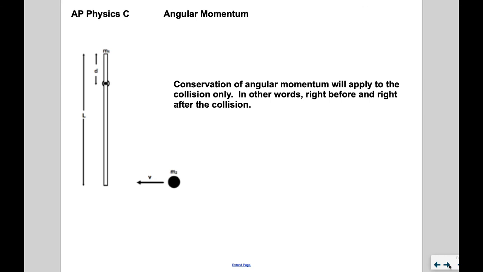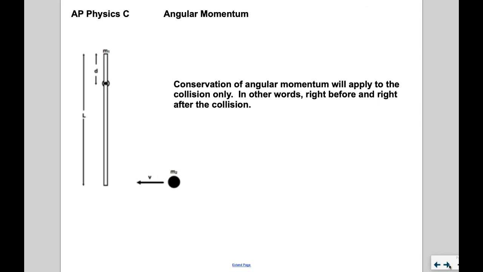So part of the key here is to know that you're going to be using the conservation of angular momentum for the collision only. So in other words, it applies right before the collision and right after the collision. But when we start talking about what the rod does after the collision and it swings vertically, now we need to make considerations for the conservation of energy.